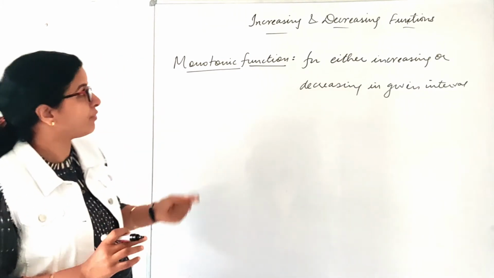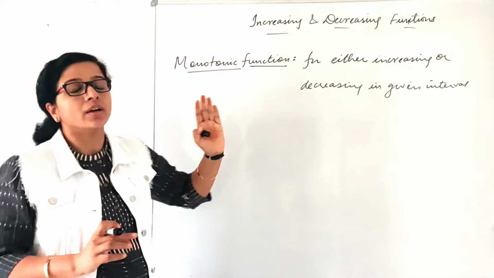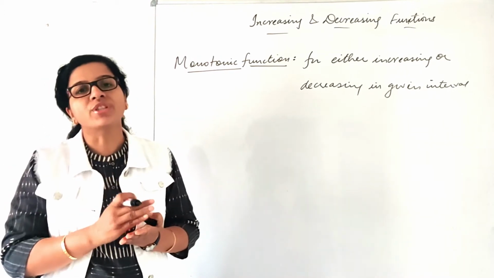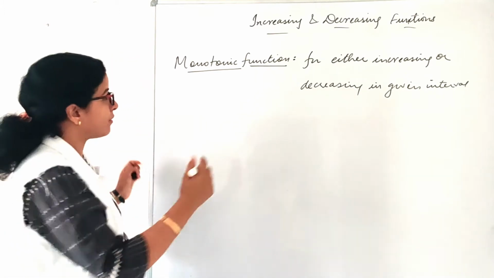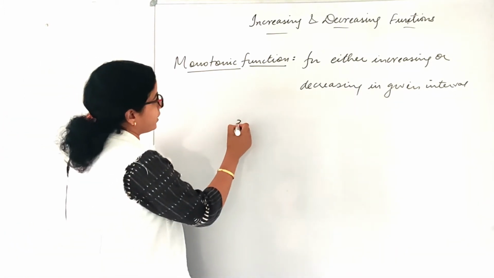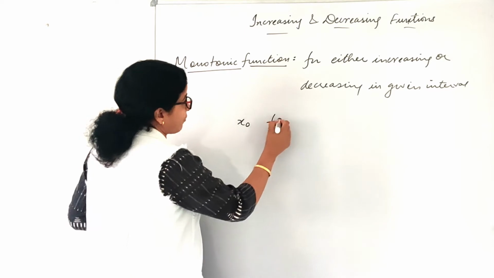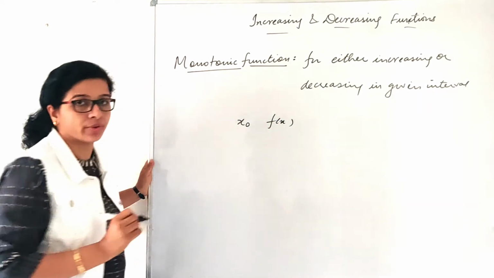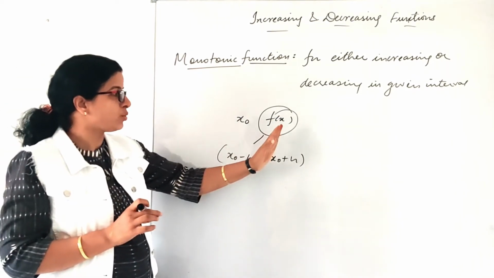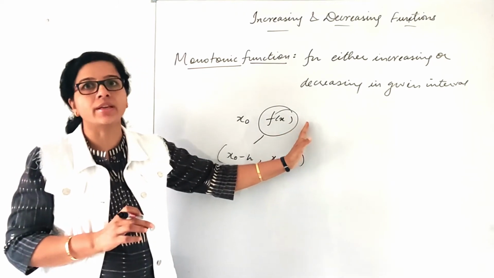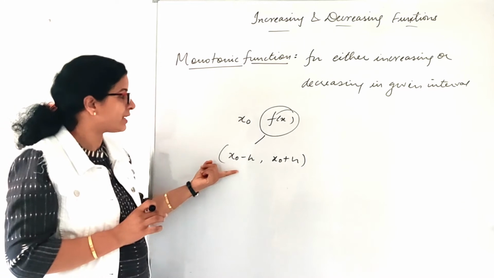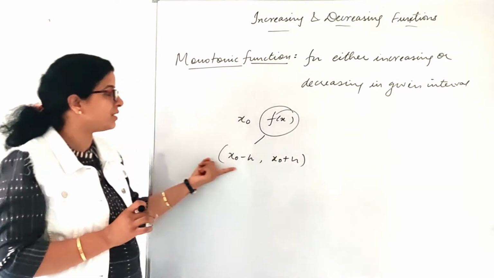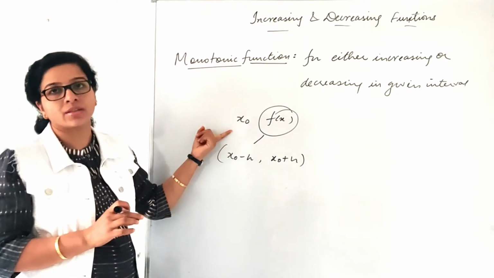Now if we want to check the monotonicity of a function at a point, what does that mean? Say for example, I want to check the monotonicity of a function f(x) at x0. So f(x) is said to be increasing or decreasing at x0 if it is increasing or decreasing in an interval which contains x0.